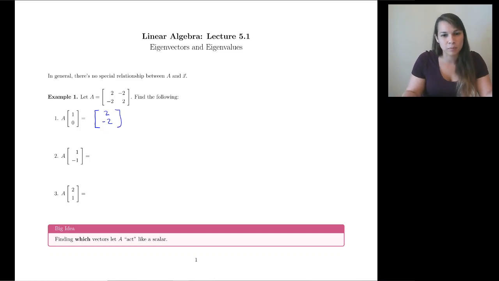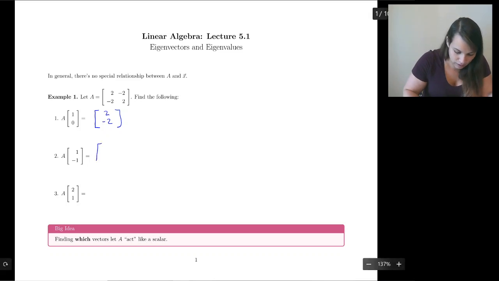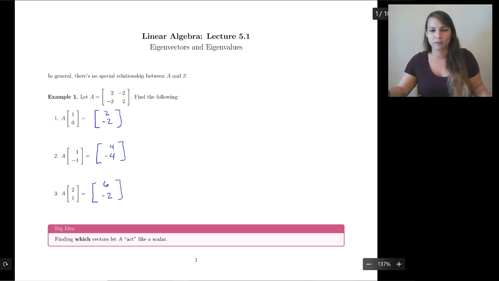Then let's try multiplying it against 1, negative 1, and we get a 4 and a negative 4. And if we do 2, 1, we will get 6, negative 2. Nothing really ties these together.